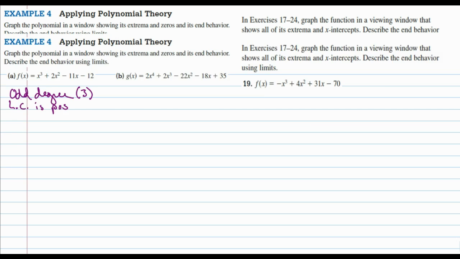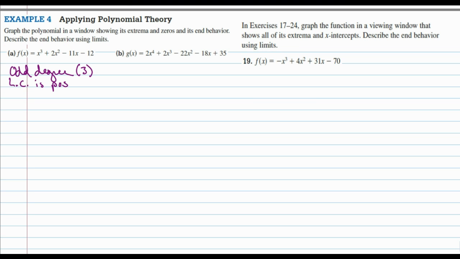So going back up to my chart, or even thinking about my basic function y equals x cubed, it has a graph that looks like this. The graph of my function f of x in part A will have the same exact end behaviors as that. The ends will act the same, similar to how you saw that happen in example 3.